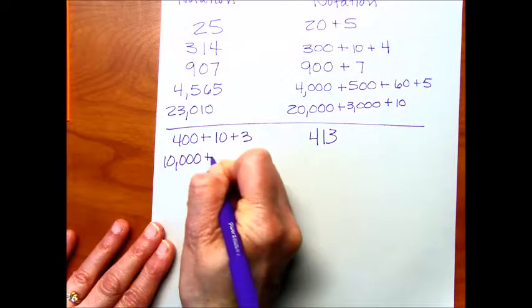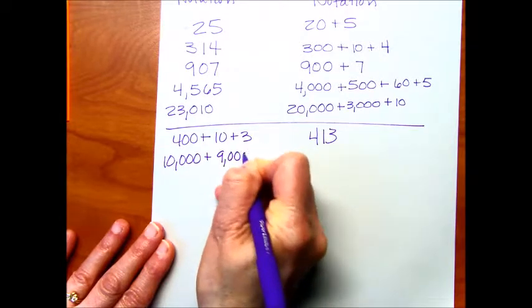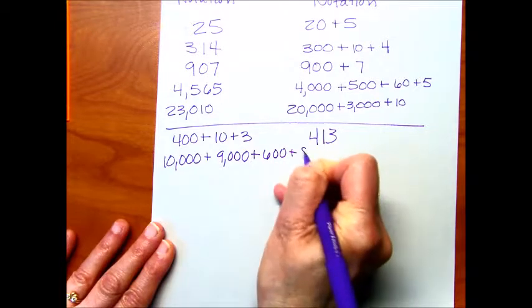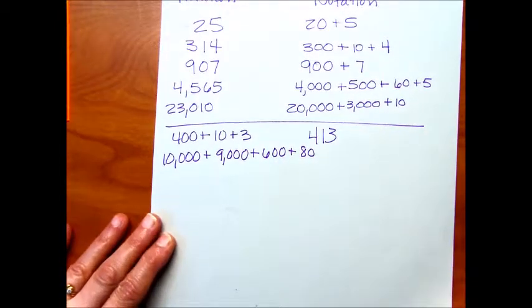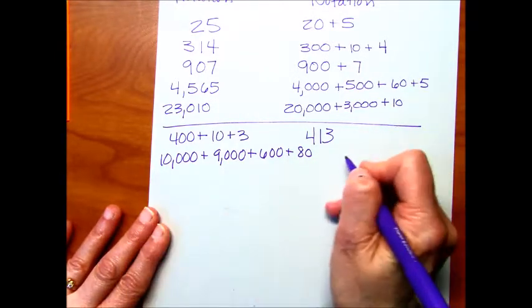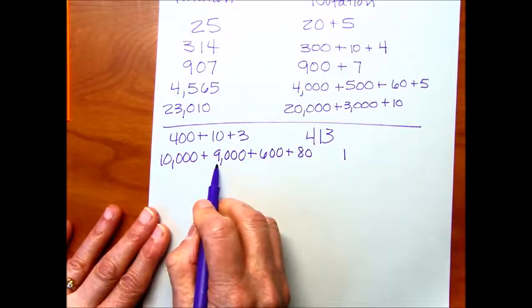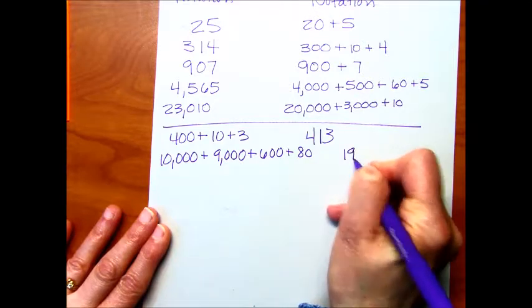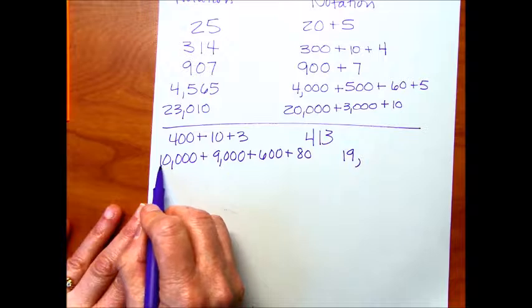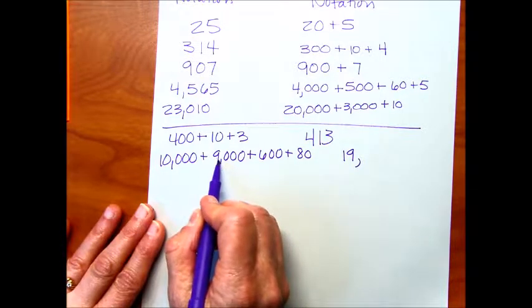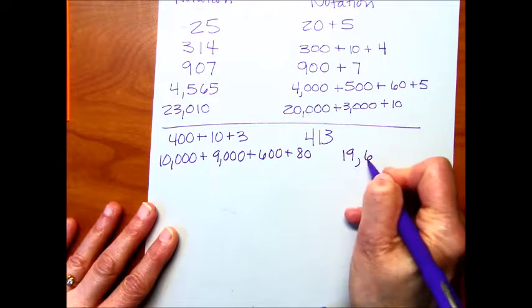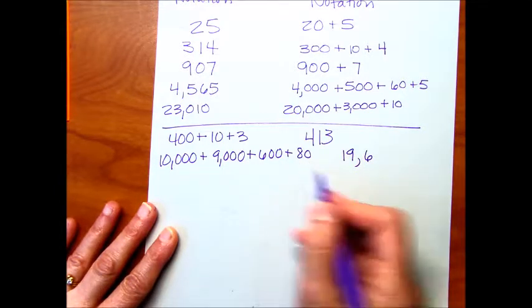How about 10,000 plus 9,000 plus 600 plus 80? So I've got 1 10,000, 9 thousands, and here we're going to go 6 hundreds and 8 tens.